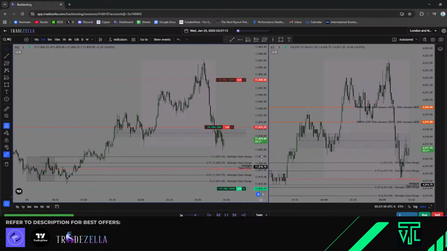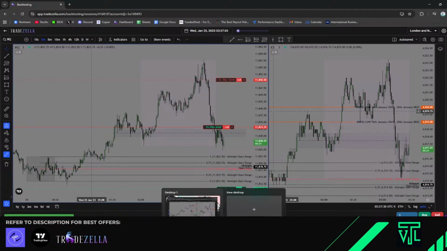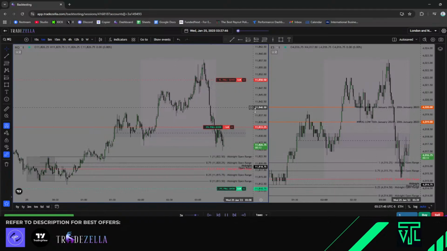So up till now, I'm liking the reaction, just waiting on 3:30 to see if they want to continue higher from here after making a lower low for the London session.